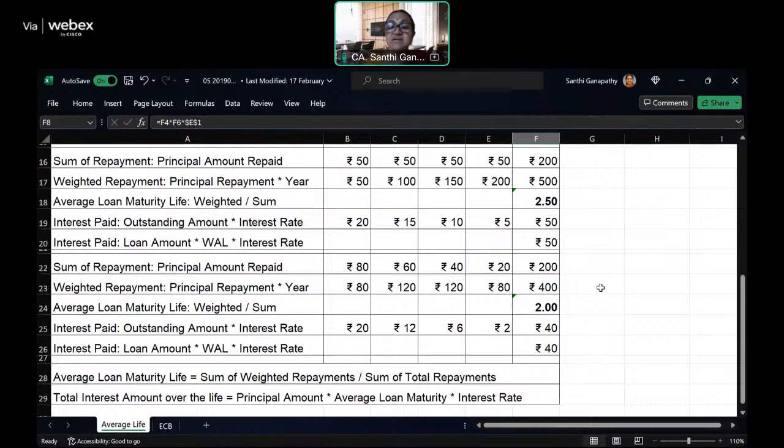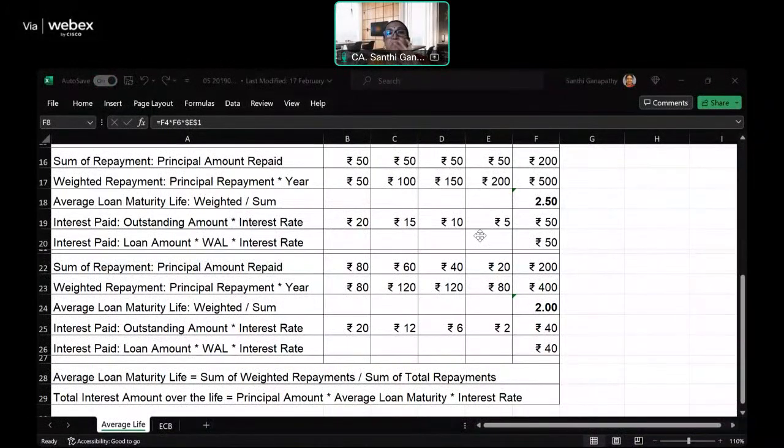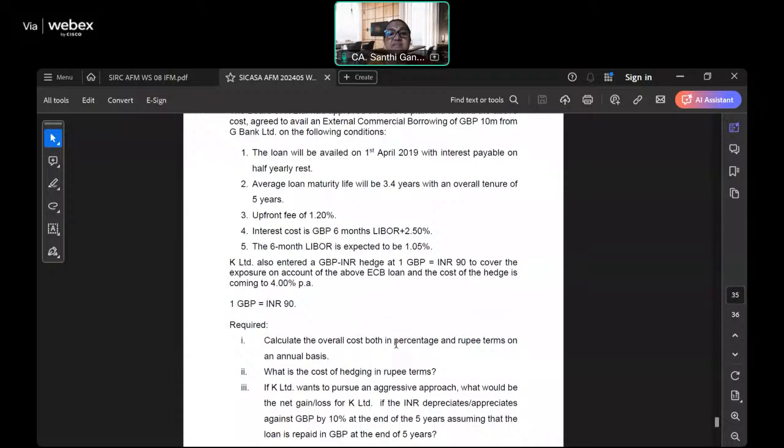So now we can move on to this problem. So here, what do we know? If we take this problem, it is given average loan maturity life is 3.4 years.